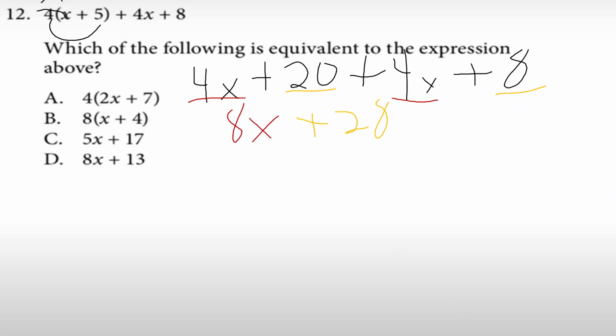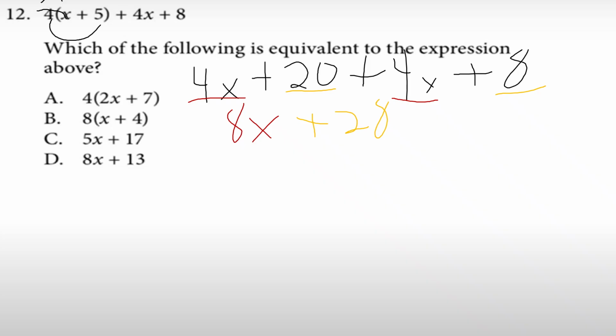So once we get to here, we see that there's no 8x plus 28 available for us. So what we need to do is simplify this. And to do that, we need to figure out what the largest number is that can go into 8 evenly and that can go into 28 evenly. You can start off with 2, but you're going to have more work to do.